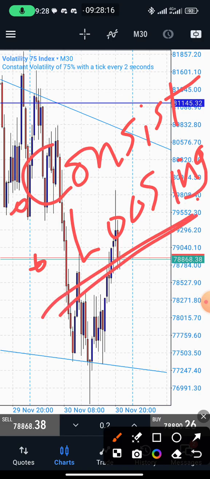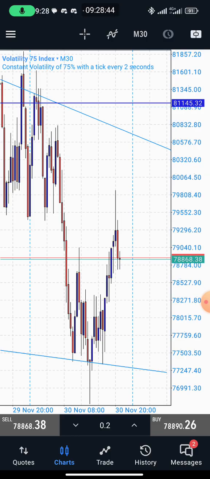The major difference between these two is in their thinking, the way they think when they are trading. I'm going to go through the thought process of these two schools of thought right now, and you will see. Then you can categorize yourself and see if you are in the category of the consistent trader or the losing trader.